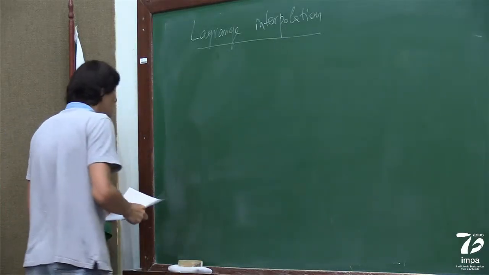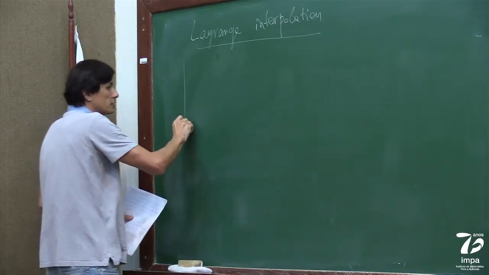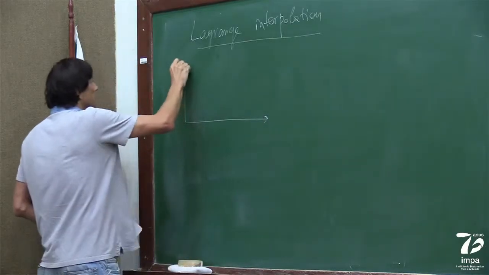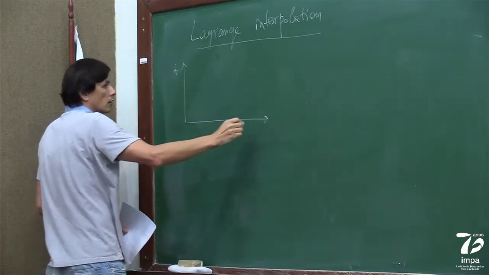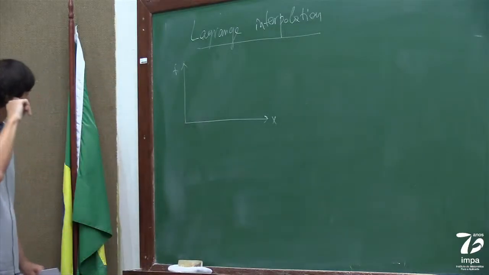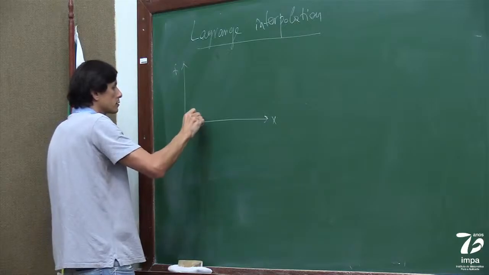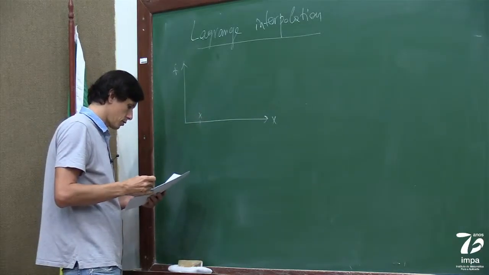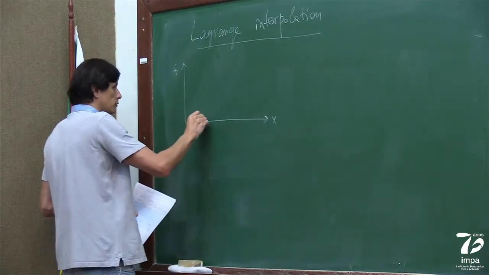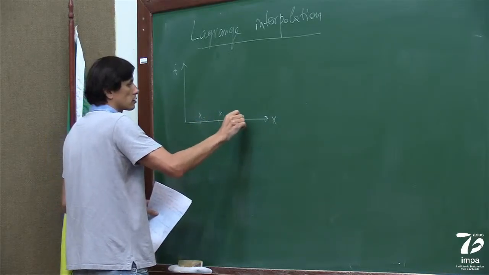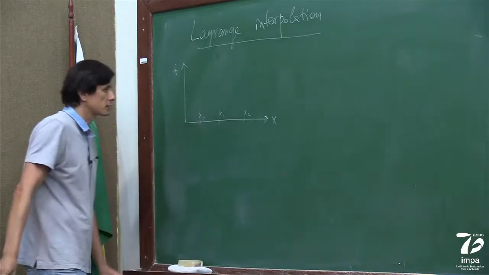The idea is different. You have a function of one variable, and then you have some points x0, x1, x2, until xn.